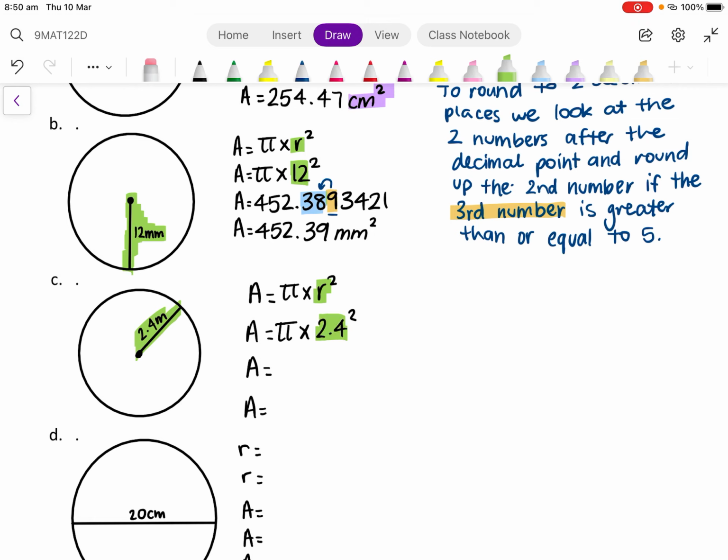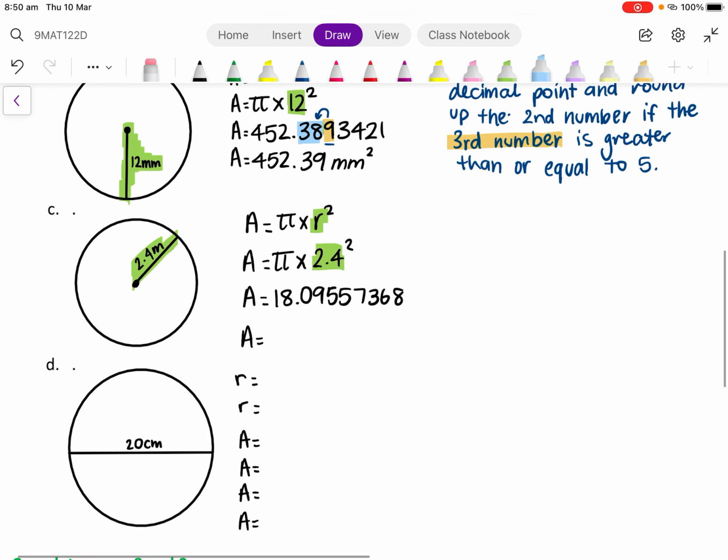We then put that on our calculator by going shift times 10 to the power of x times 2.4 squared equals, we write our whole calculator answer down, which is 18.09557368.